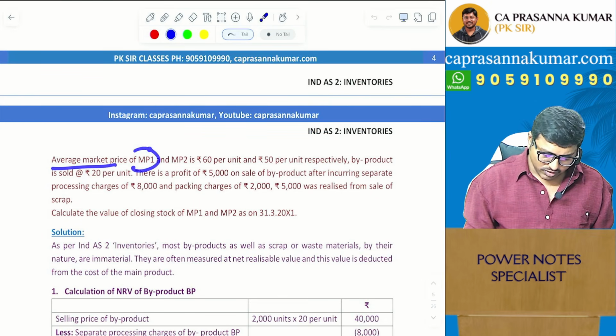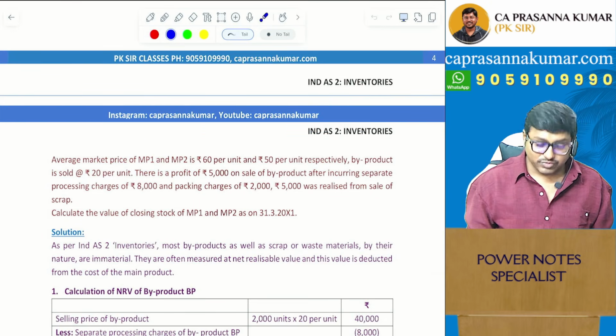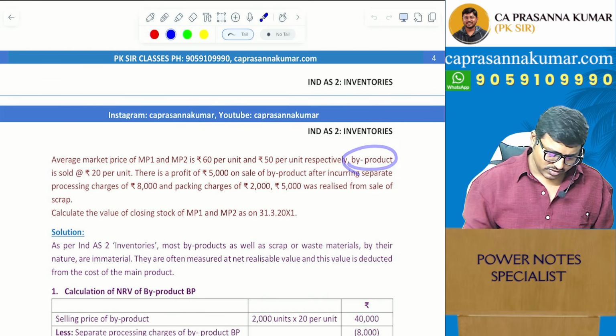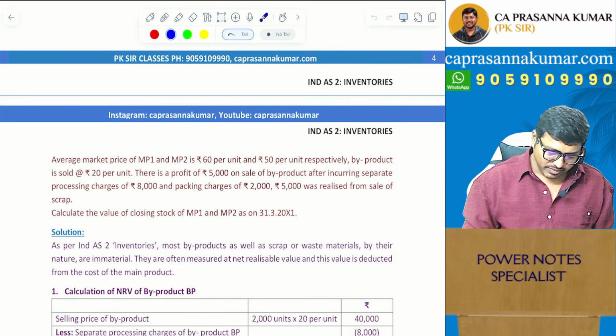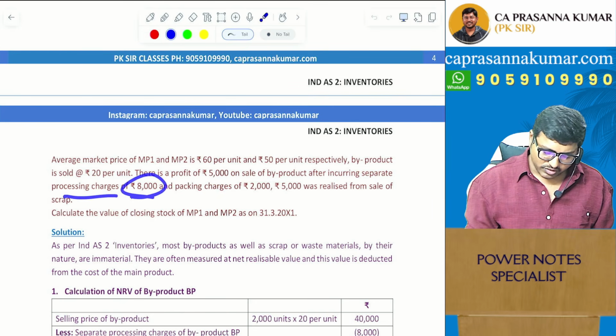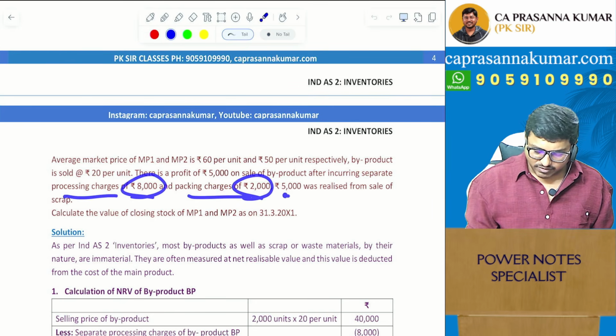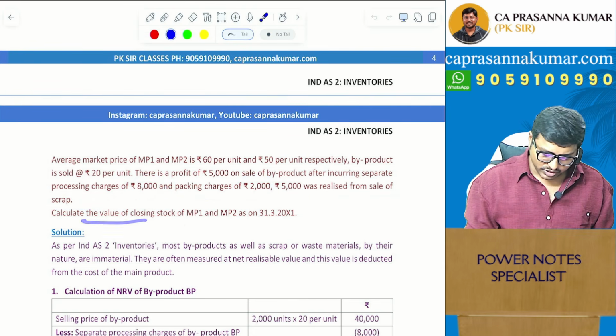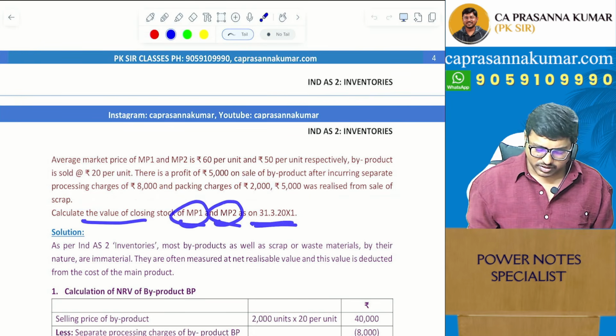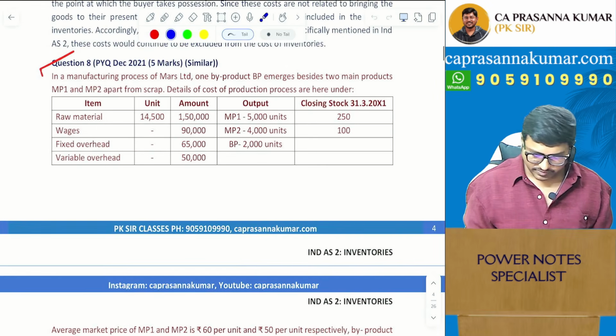Average market price of MP1 and MP2, which are the joint products, is 60 and 50 per unit respectively. Byproduct will be less. It is sold at 20 per unit. There is a profit of 5,000 on the sale of byproduct after incurring separate processing charges of 8,000 and packing charges of 2,000. 5,000 was realized from the sale of scrap. Calculate the value of closing stock of MP1 and MP2 as on 31st March 20x1. That is the question.